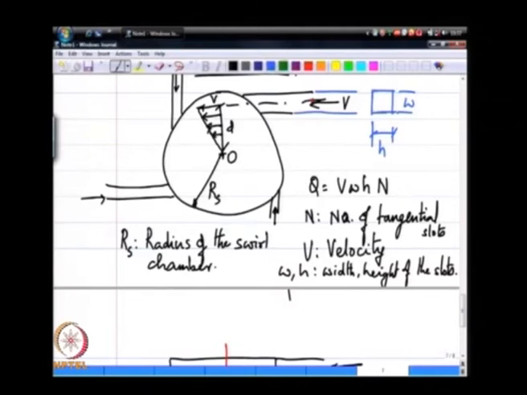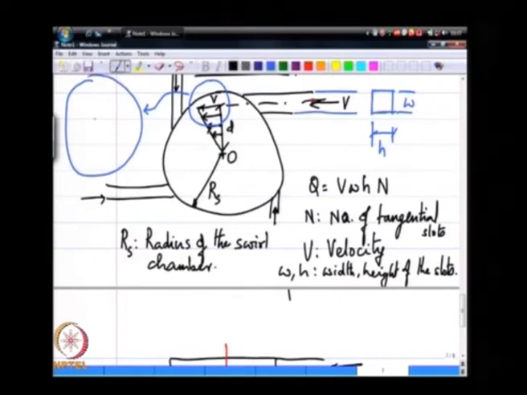Okay. Now, if I look at what is happening outside here and if I draw a zoomed out picture, past this point you essentially have to go all the way to the wall. So, this is the wall of the swirl chamber.